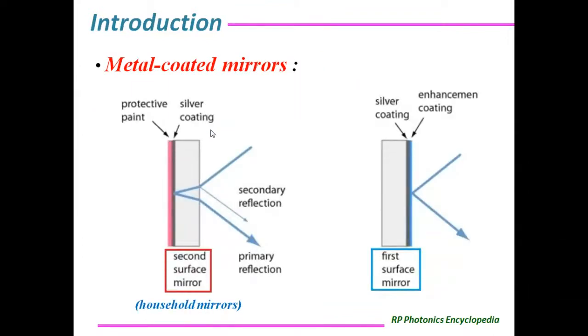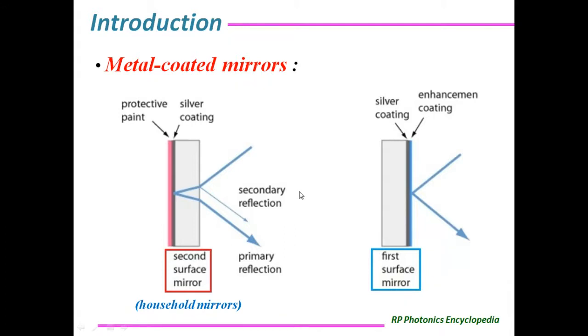Mainly there are two types. This is the typical household mirror we have in the bathroom, the so-called second surface mirror. Here we have a thick glass, and here the thin metal layer, silver or aluminum or whatever. Here we have the incident beam, partially reflected, a second reflection transmitted, also reflected, so we have different reflections.